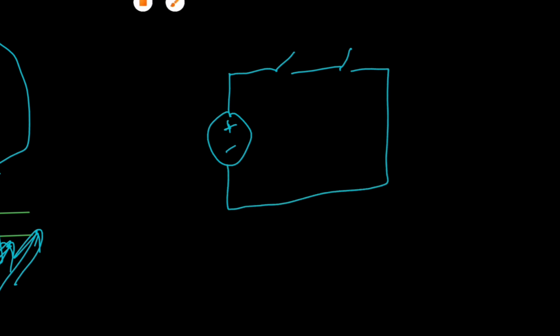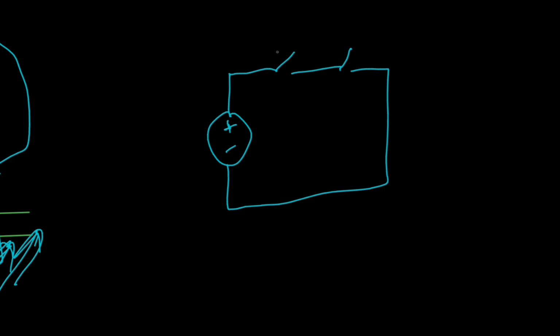Now let me show you an equivalent thing in electric circuits. Imagine that we have a battery acting as the source, like in the water example. And now we have one switch here and another one here.